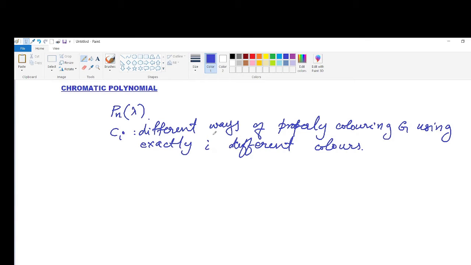Ci denotes the different ways of properly coloring G using exactly i different colors.